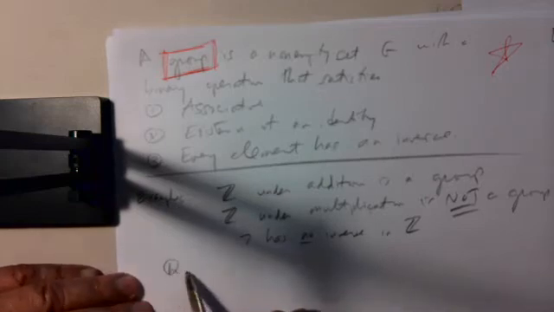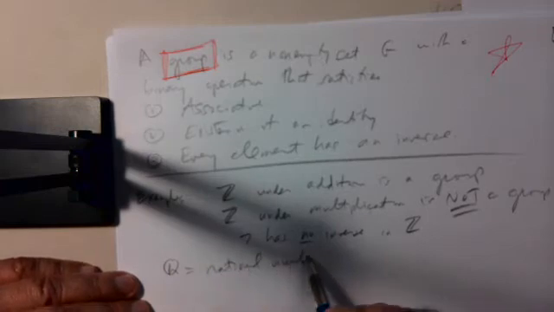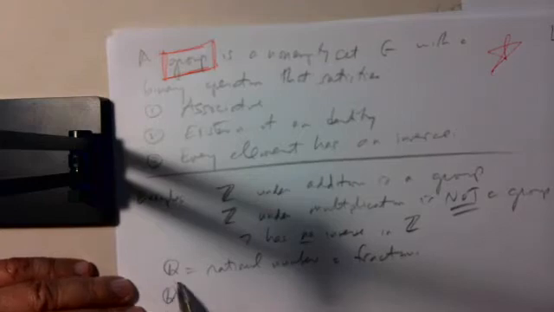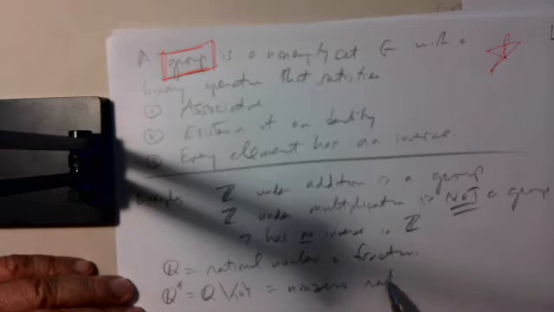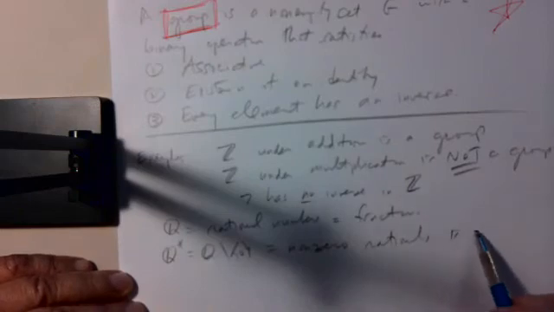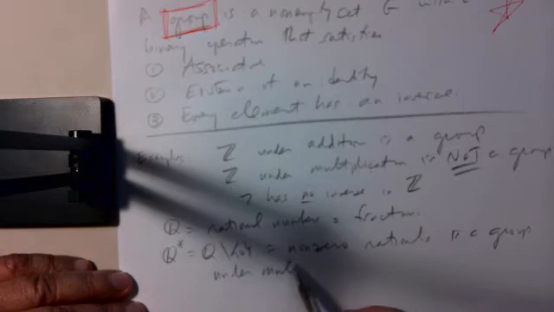If you take Q, the rational numbers, which are the fractions, and take Q star, which is Q with 0 removed, so this is the non-zero rationals, this is a group under multiplication.